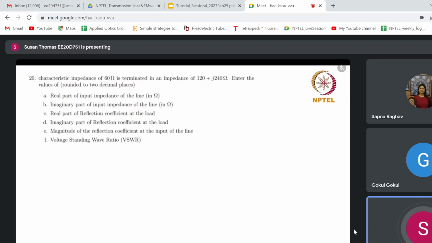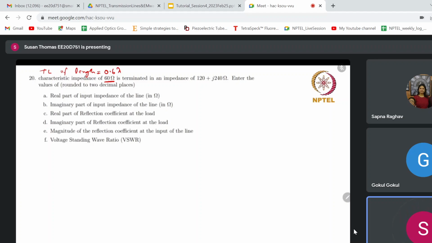Characteristic impedance of... okay, so this is a question. There is a transmission line. The question is a little incomplete, so a transmission line of characteristic impedance Z0 equal to 60 ohm, and I need to add something also: length is equal to 0.6 lambda.